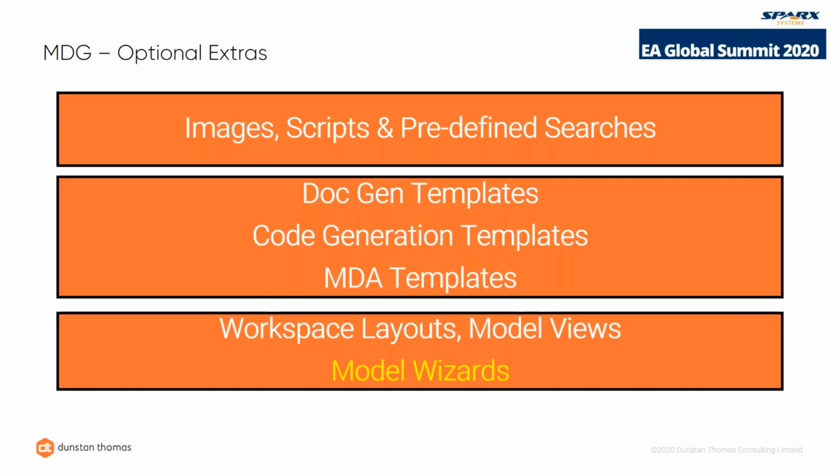Model wizards, again, that's in yellow. You may have observed that when you switch on a perspective or you create a new project and you use a model wizard, you'll get a set of patterns with some explanatory text beside them. You can put that into your own MDG, but, and here is the but, it won't work in the custom builder, which we'll see later.